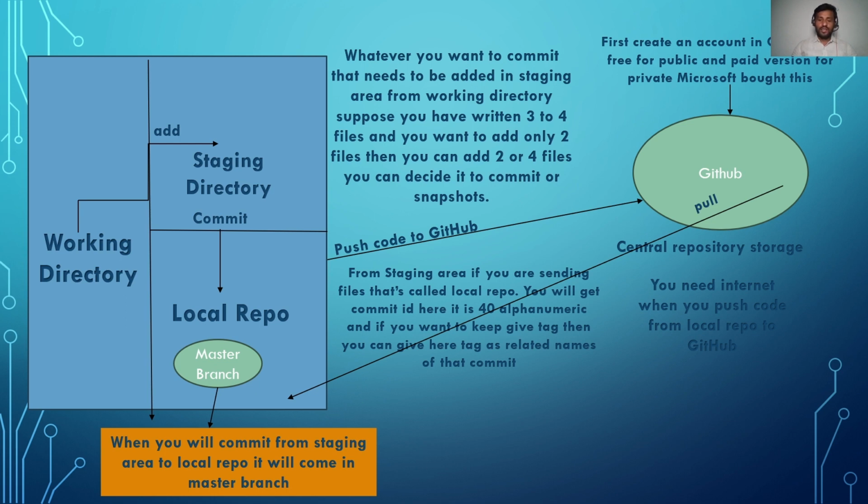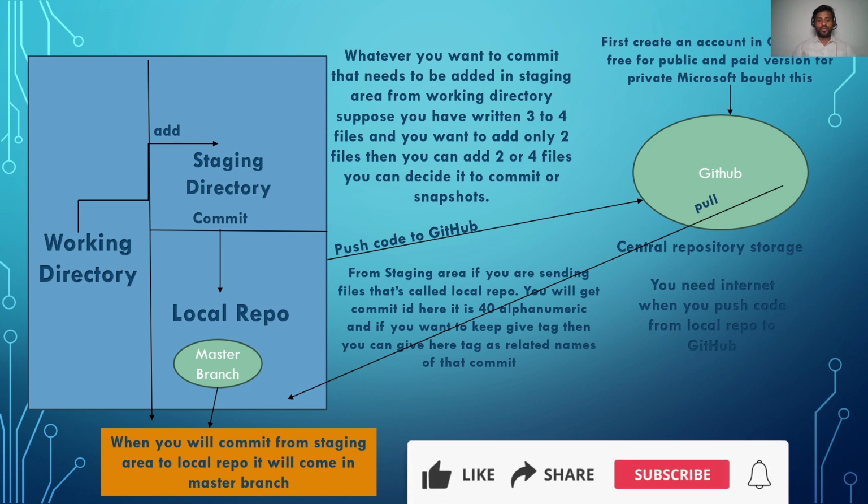In the local directory there is one master branch. In that branch you are committing everything. When you commit from the staging area to the local depot, it will always come into the master branch. So let's go to the next screen.